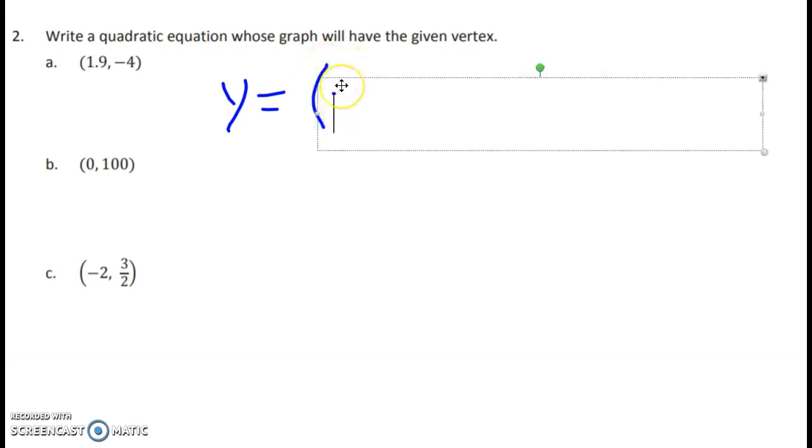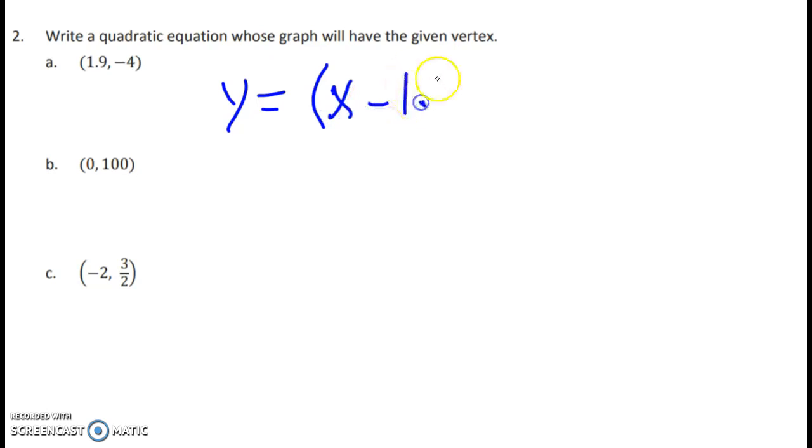I have x minus h, which is the x coordinate, squared, plus k, which is negative 4. So that is the vertex form for the parabola with a vertex 1.9, comma negative 4.